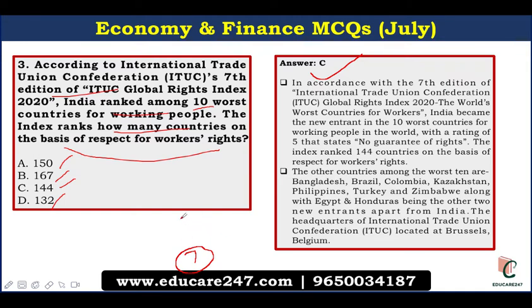The report concludes that 85% of countries violated the right to strike and 80% of countries violated the right to collectively bargain. The number of countries that impeded the registration of unions has increased. 3 new countries, which includes India, Egypt, and Honduras, have entered the list of 10 worst countries for workers.